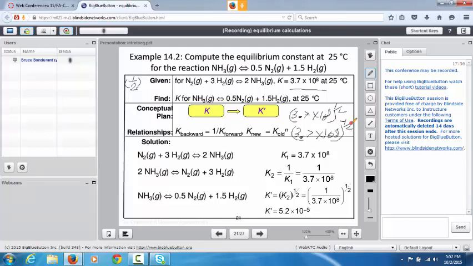So that is equal to 1 over the square root of 3.7 times 10 to the 8th power. And when you evaluate that out, you end up with 5.2 times 10 to the negative 5th power.